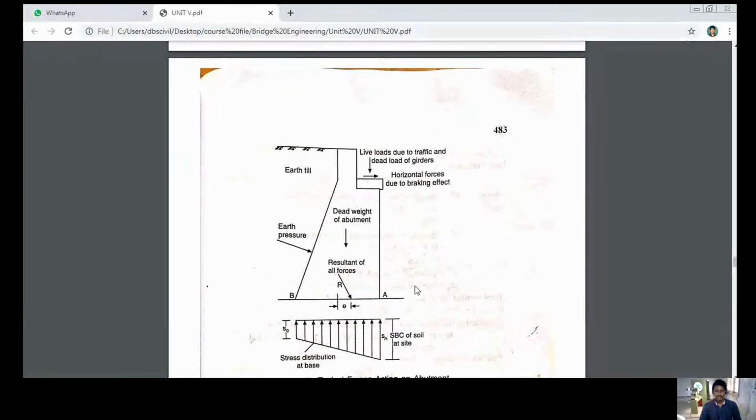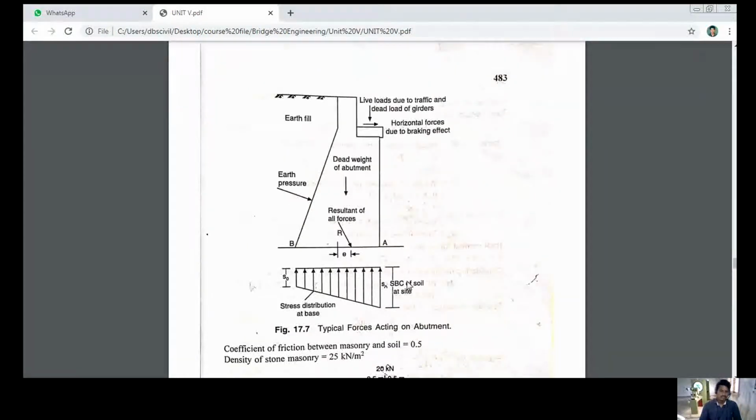Let's discuss this. The live load due to traffic and dead loads on girders will act here, because this is the place where the deck stands, and this is the abutment. The dead weight of the abutment goes directly to the ground.